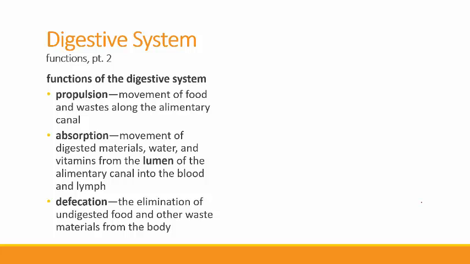And as we're moving that digested and digesting food, we absorb the materials that have been digested from the lumen of the alimentary canal, that's the interior of the alimentary canal, out into the fluids that are surrounding the alimentary canal.